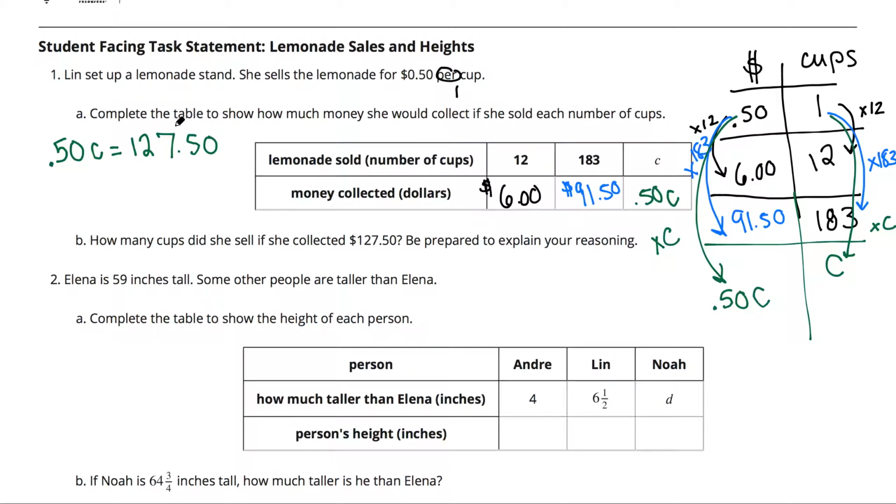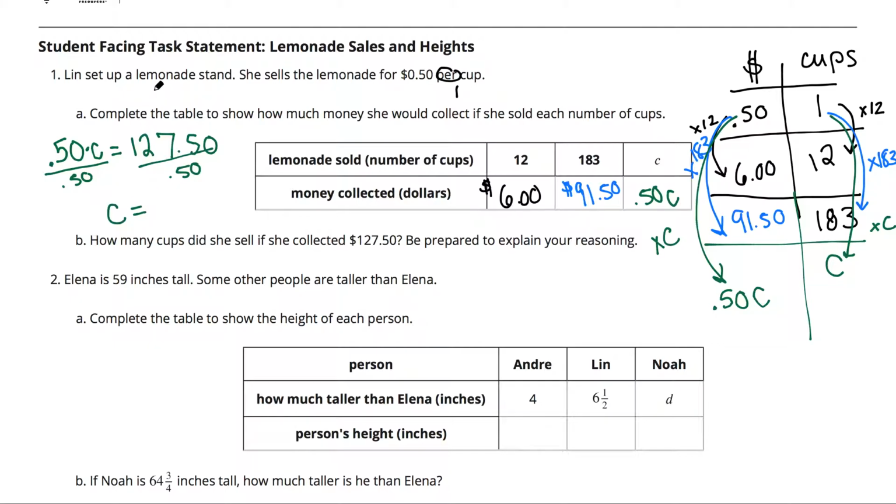We know that's going to equal $127.50. Well, we know how to solve these types of problems. 50 cents times something equals $127.50. Well, the 50 cents is being multiplied by C. So that means I can come through and I can divide both sides by 50 cents to figure out how many cups she sold.